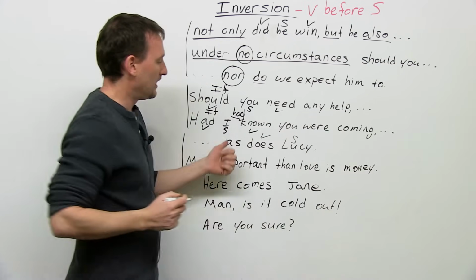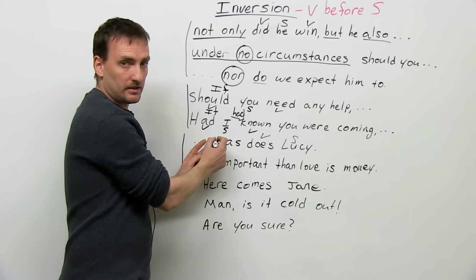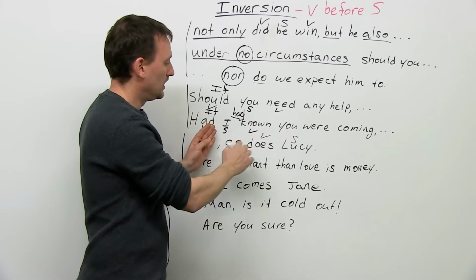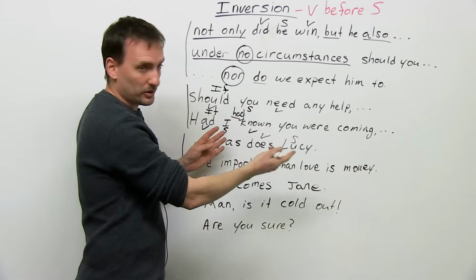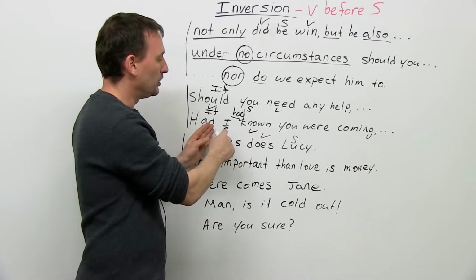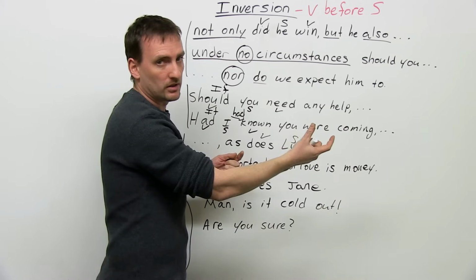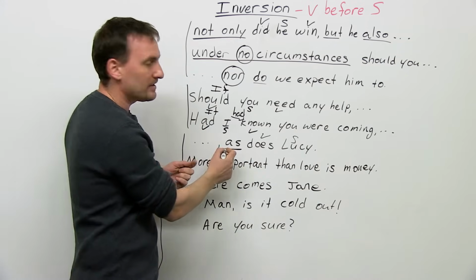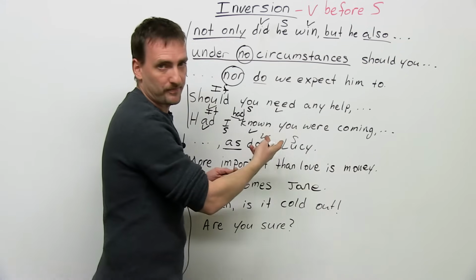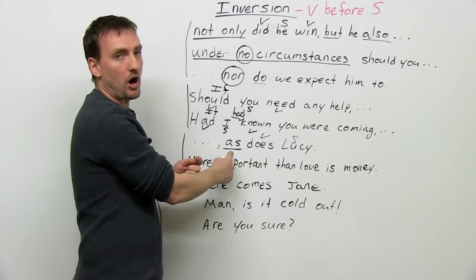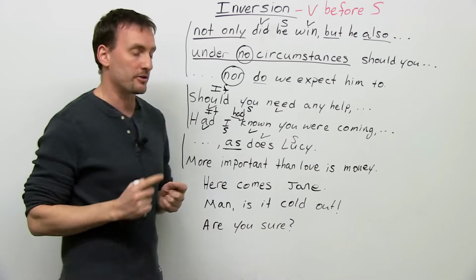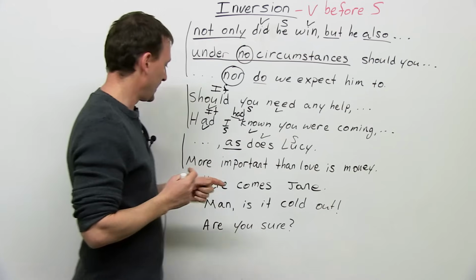Here's the subject. Now, I could put a period and put a new sentence. So does Lucy. Same idea. Lucy does as well, if I want the subject-verb order. But when you start with as, you're going to invert the order. This is a clause marker, adverb clause marker to compare.